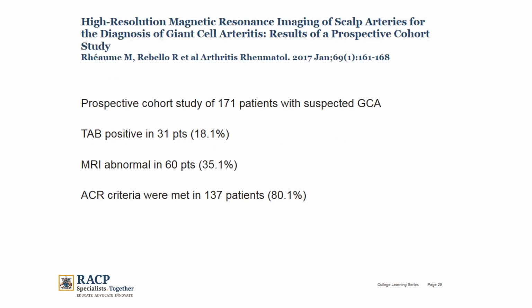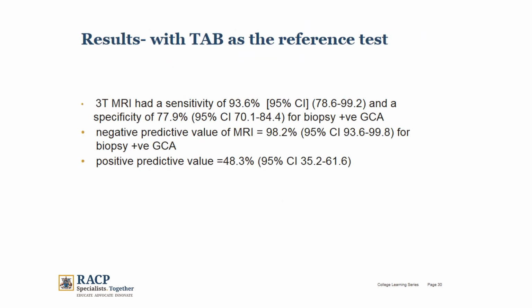This prospective study was quite helpful in determining the usefulness of MRI for the diagnosis of giant cell arteritis, and it was found that it had a sensitivity of 93.6% and a specificity of 77.9%. The most useful part of MRI is that it has a strong negative predictive value of 98.2% for biopsy positive giant cell arteritis.